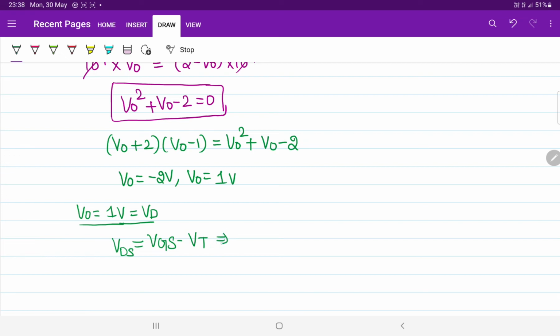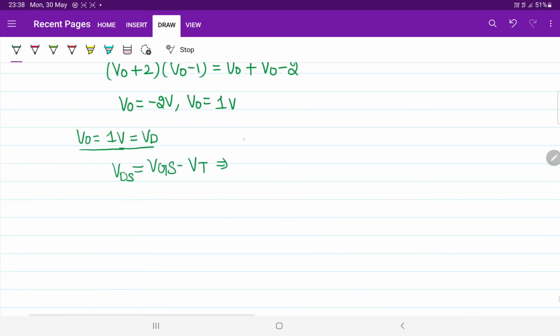From here we observe that VDS can be written as VD, and VGS can be written as VG minus VT. We also found that this VD is nothing but V naught. So VG is nothing but the input voltage Vin. Let me write it in terms of VG only, so that you will understand easily.